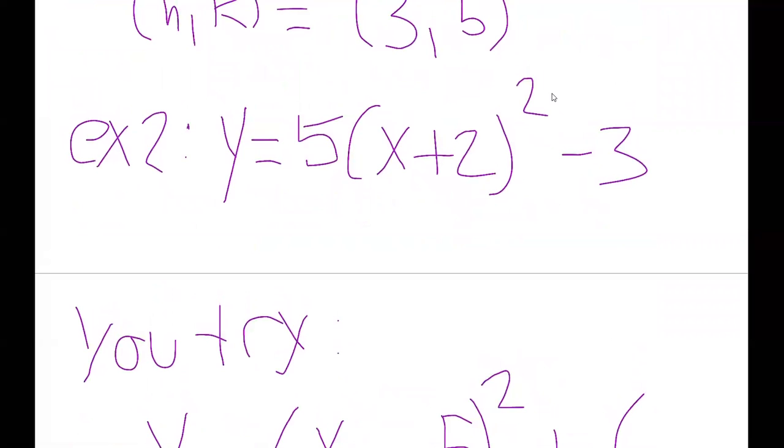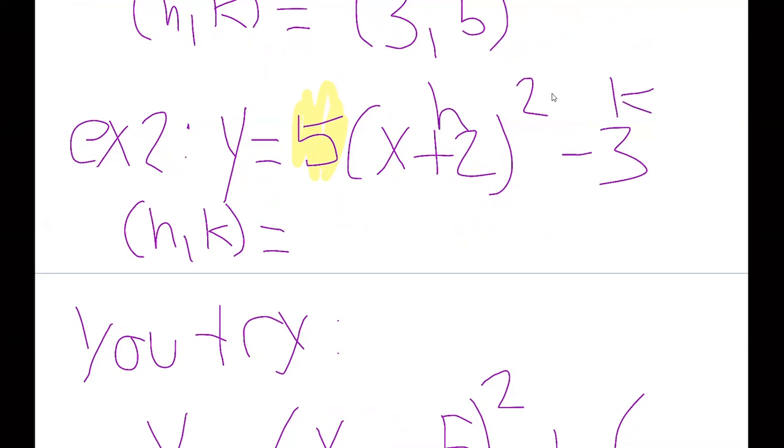We have y equals 5(x plus 2) squared minus 3. If you look at that formula, that 5 is our a value, and it's not really going to affect our vertex, so we're not going to really worry about that. So we want to pull out our h and our k. We pull out our h from the inside of our parentheses.